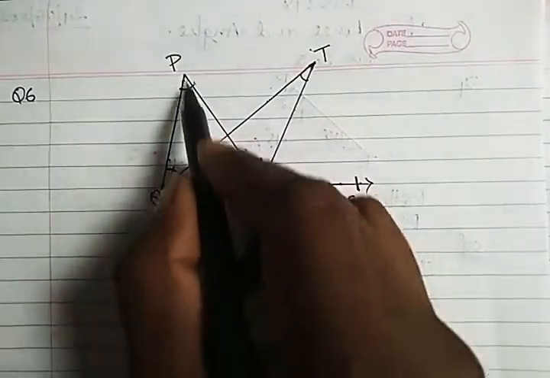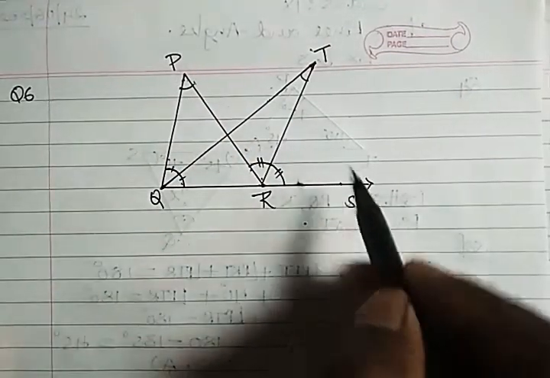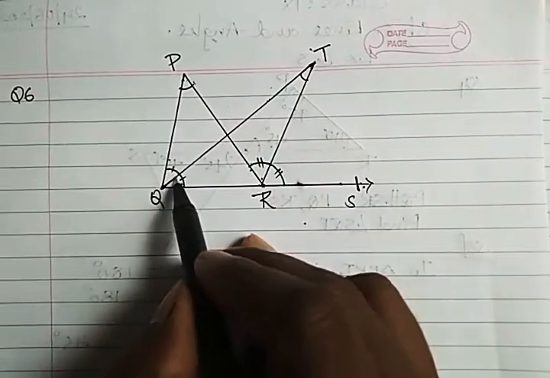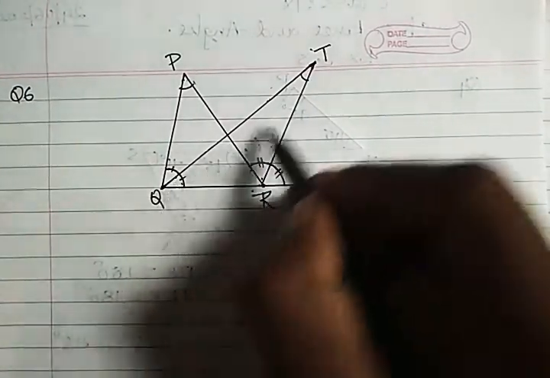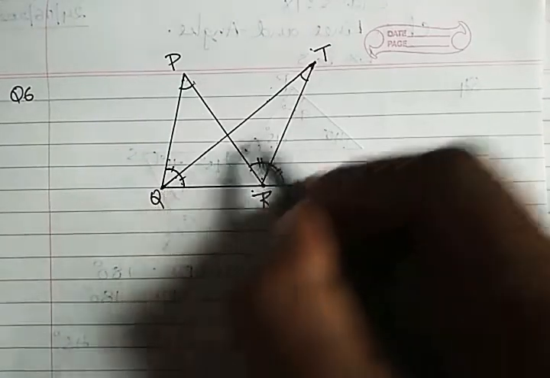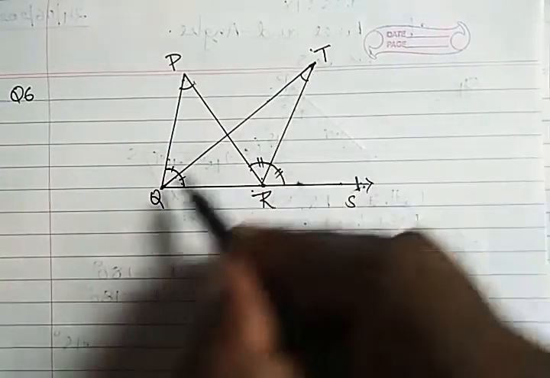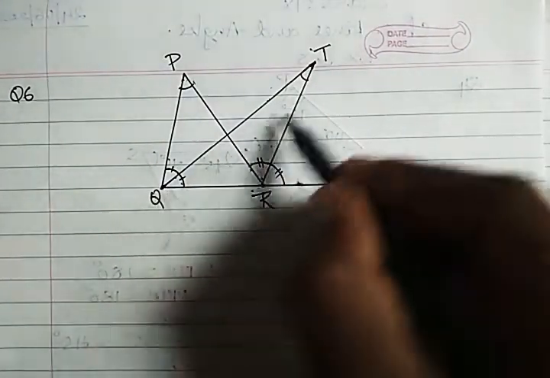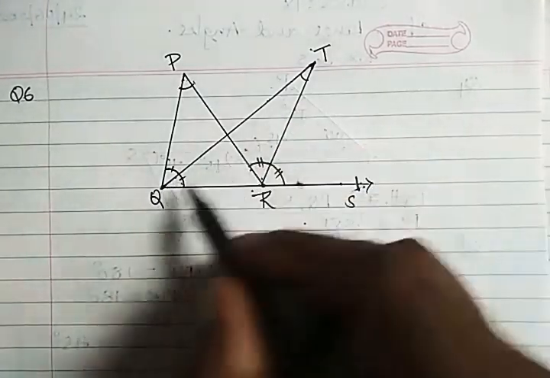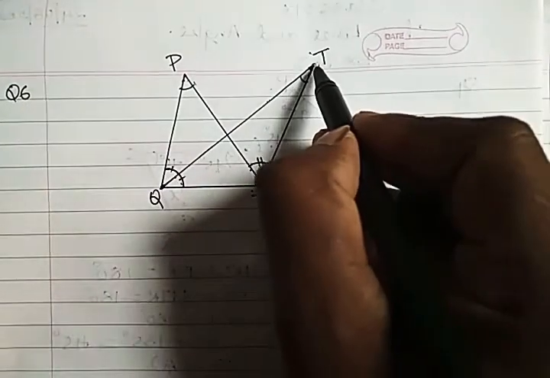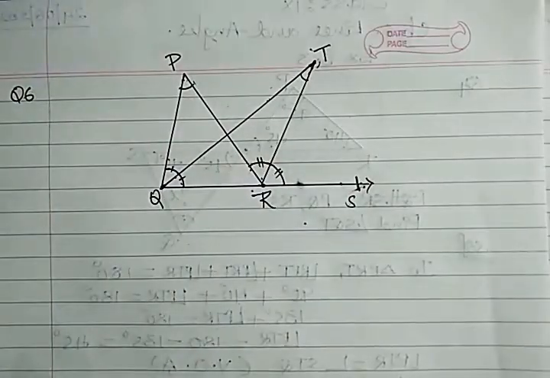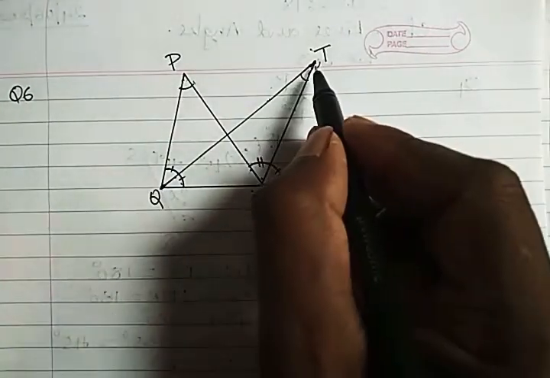PRS is an exterior angle, PQR is an interior angle of triangle PQR. So these two angles are bisected; bisect means drawing a line which divides it into two equal parts. So QT and RT are the two bisectors. They are intersecting at point T.